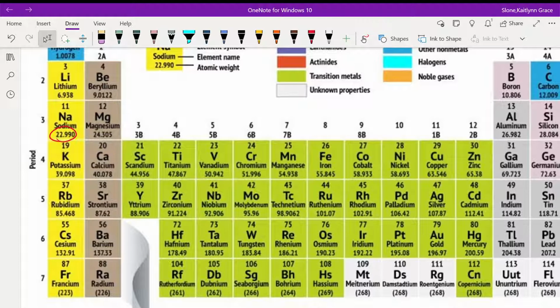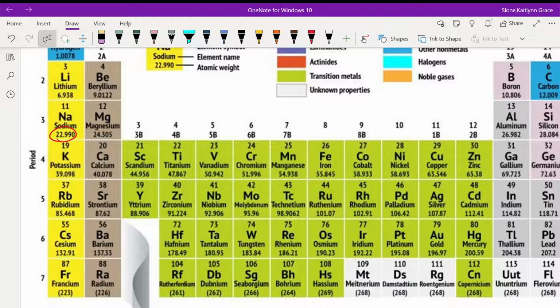Now, when scientists discovered what each atom's atomic weight is, they did a weighted average of every variation of this atom in existence. So for example, sodium, atomic number 11, might have 12 isotopes in the wild. It might have only 9 neutrons in its nucleus.